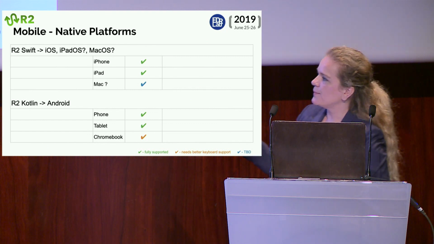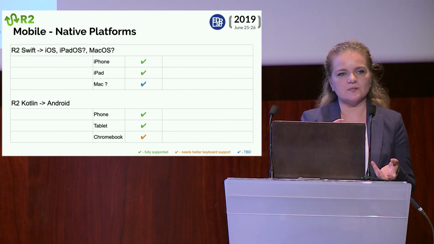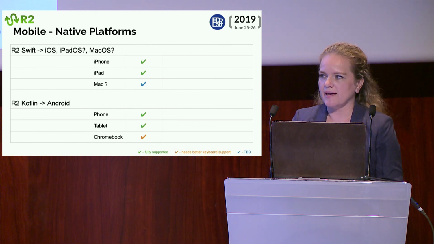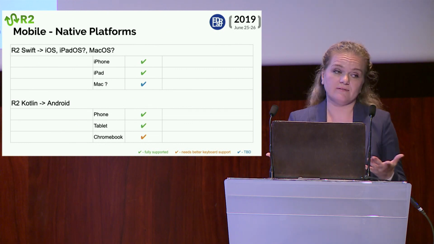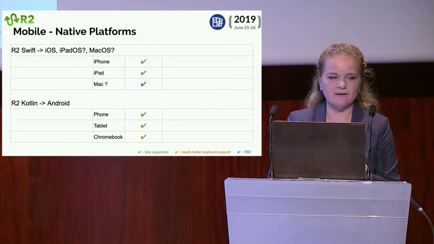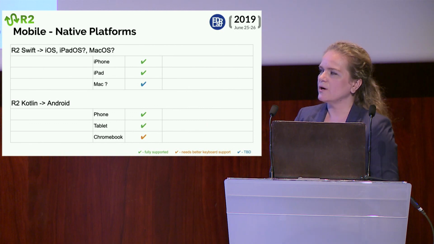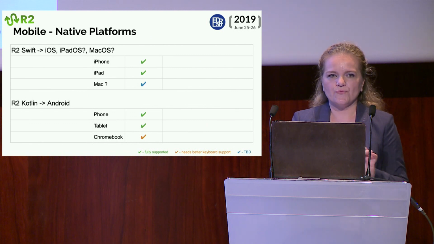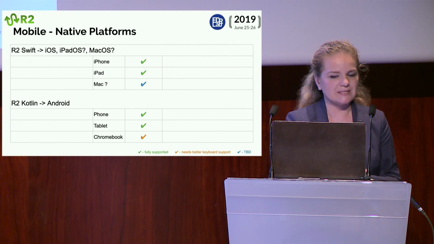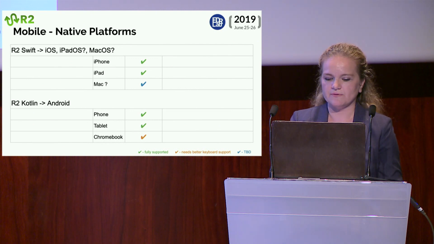It's orange, because what I've noticed is we still have to tweak some click events. On a touch device, you don't necessarily have clicks. On a Chromebook, you have a keyboard, you have real clicks. So I've noticed just a few issues where it wouldn't respond, but anything touch works perfectly fine on Chromebook.